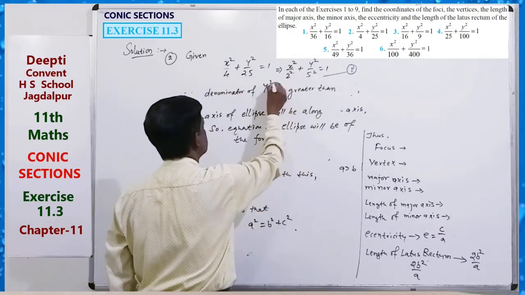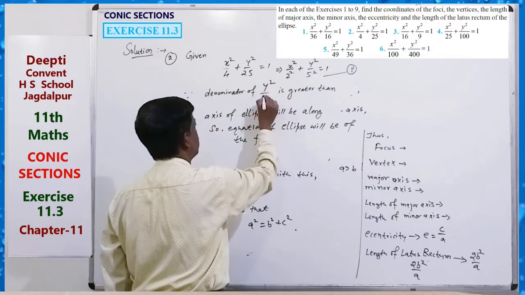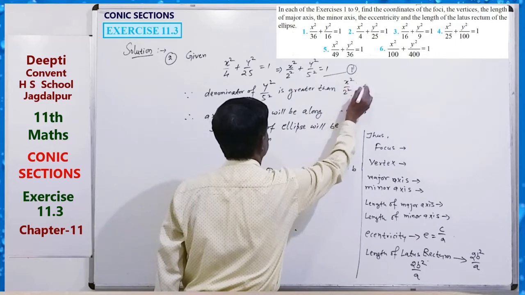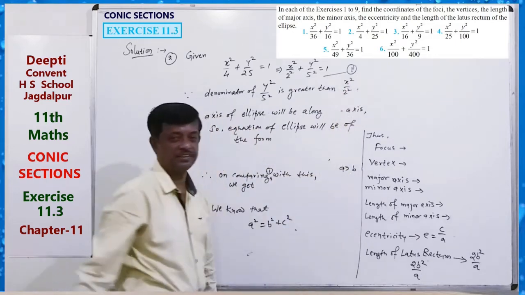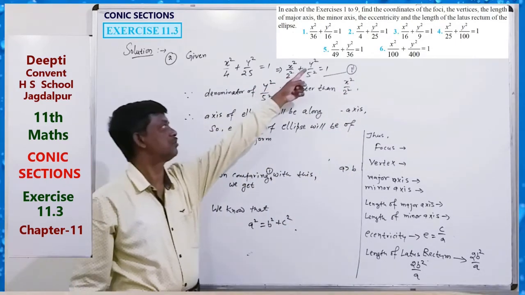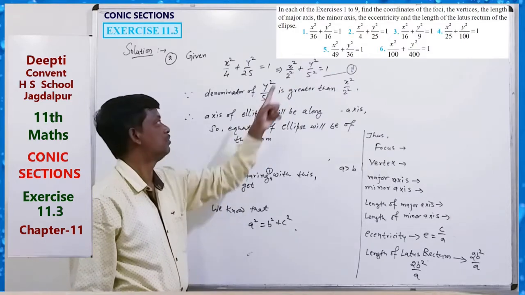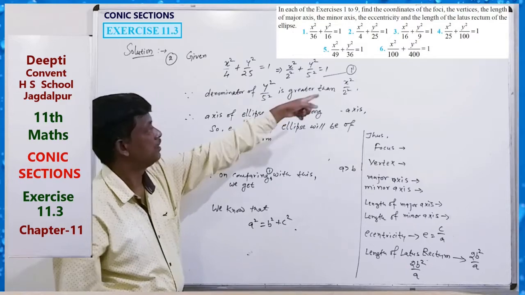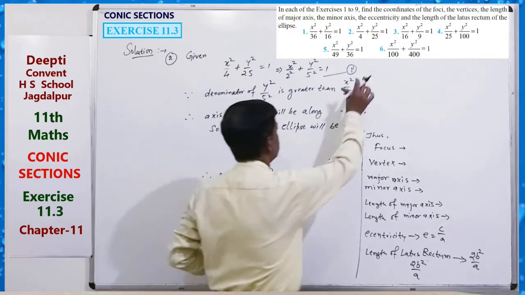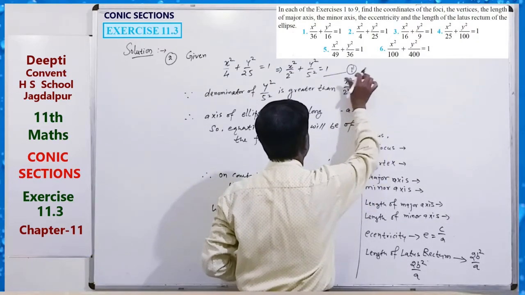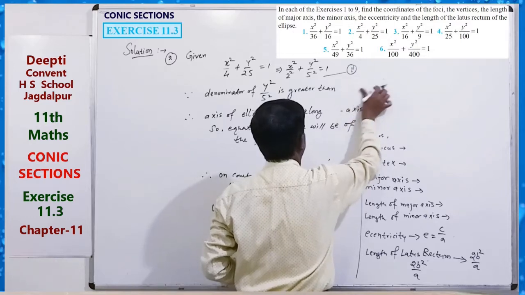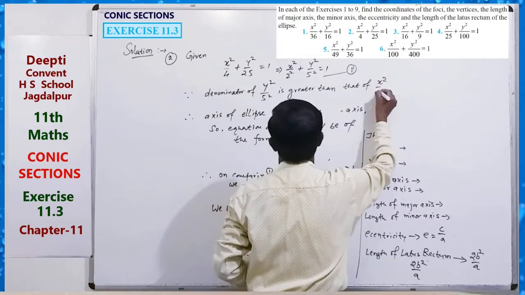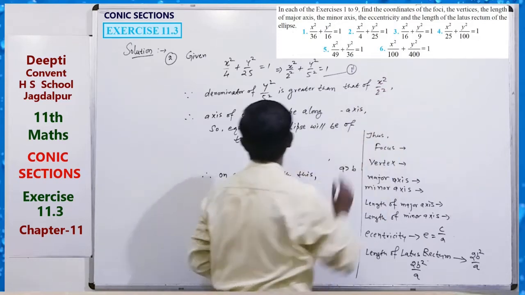So here y square by 5 square is greater than x square by 2 square. Just in reverse order. Here the denominator of this quantity is greater than the denominator of that of x square upon 2 square.